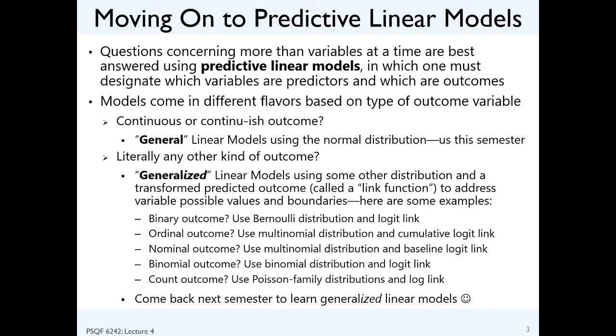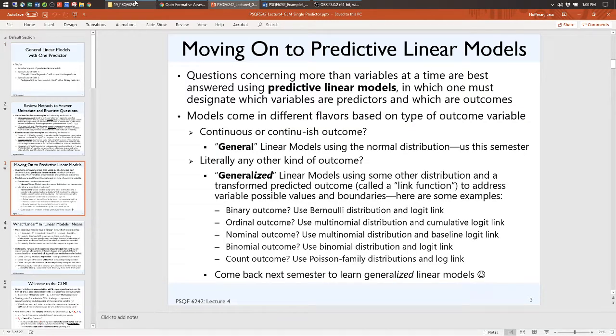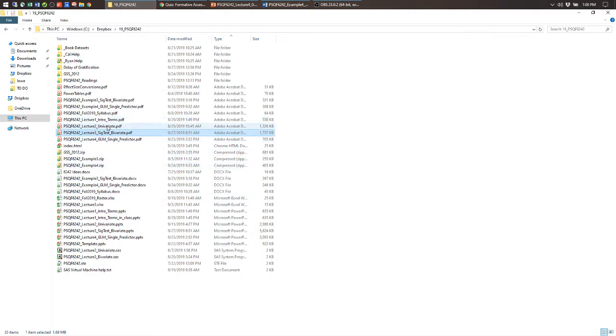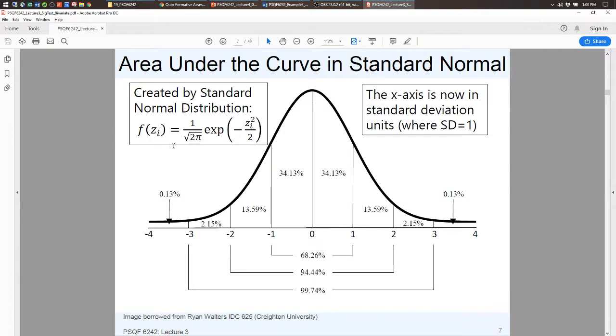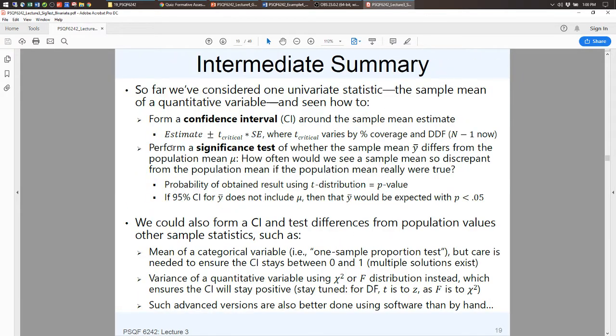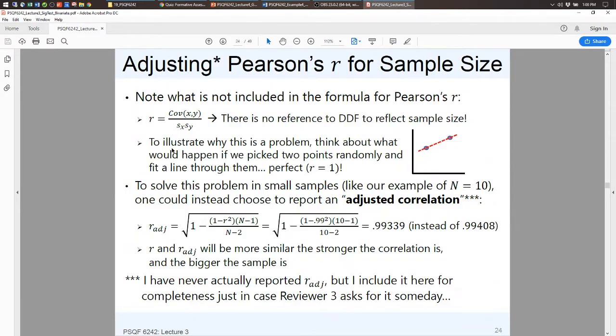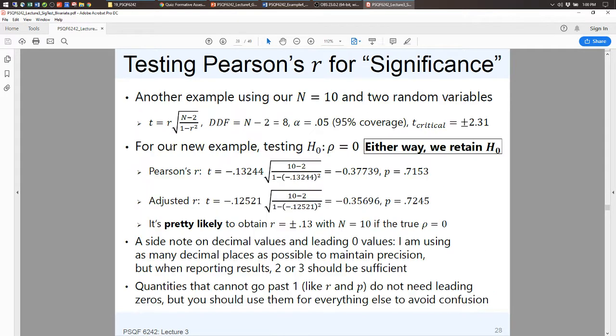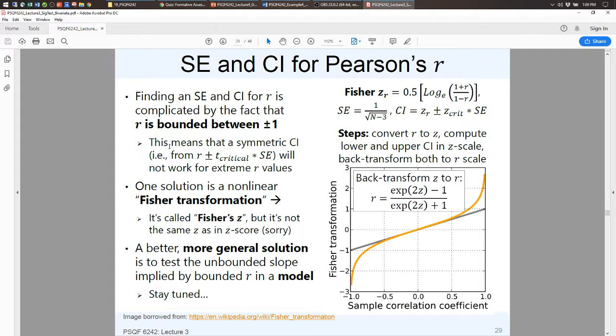Do you remember the Fisher R to Z transformation? Remember that? Maybe? Let me pull up a picture of it. It was in this one. I have a picture. There it is.